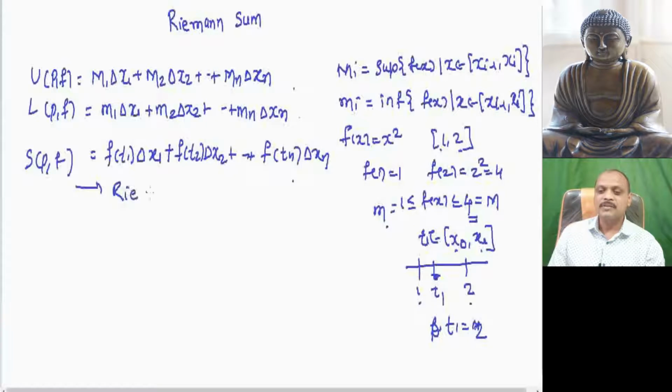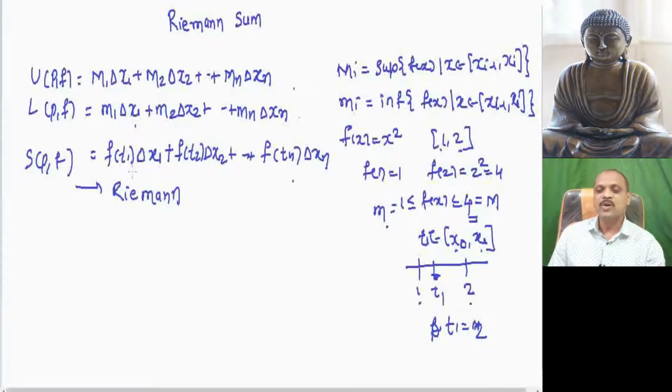See the difference between these two. The capital M1 and small m1 are two fixed values for the subinterval once we have decided what our delta x1 is, but here there is a choice in f of t1.